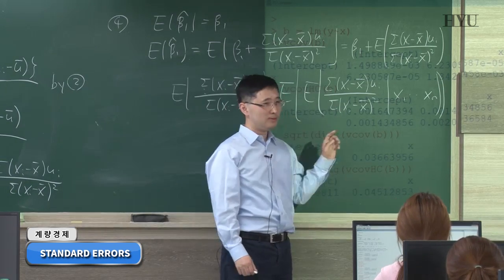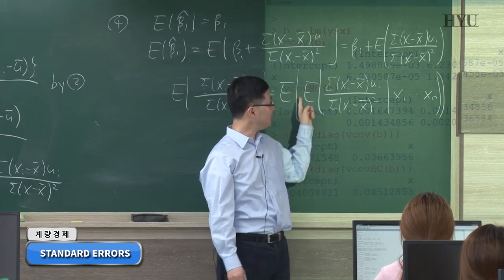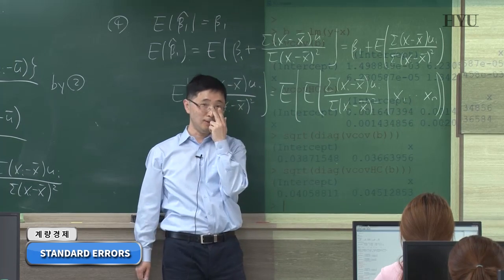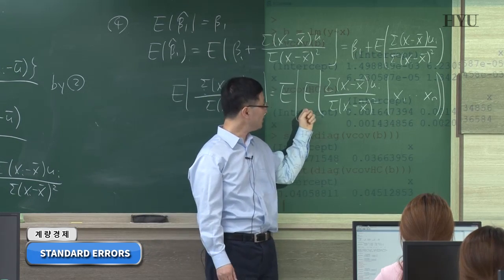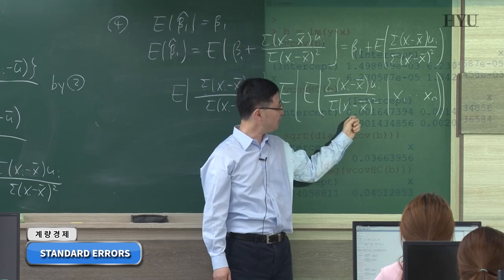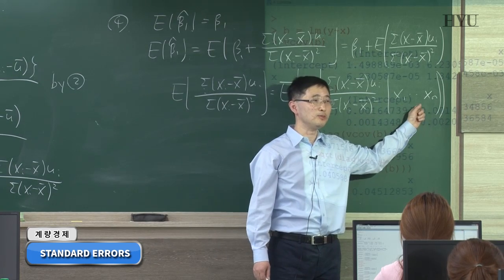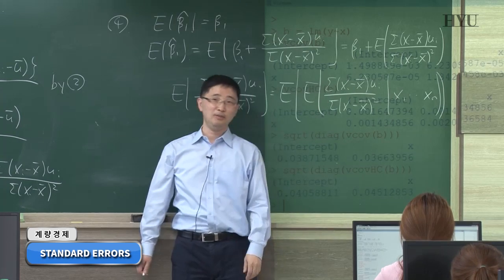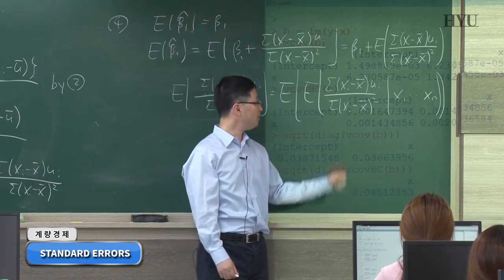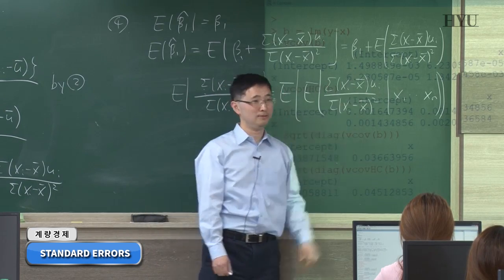Now let's think about this inside of the expectation, the inner expectation. You'd ask, what is the average value of this thing if you know the value of x1, x2, x3, and xn? If you know all the x's, what is the mean of this quantity?